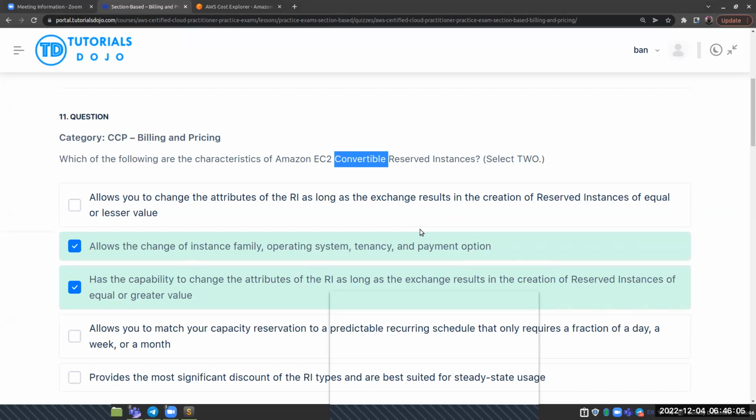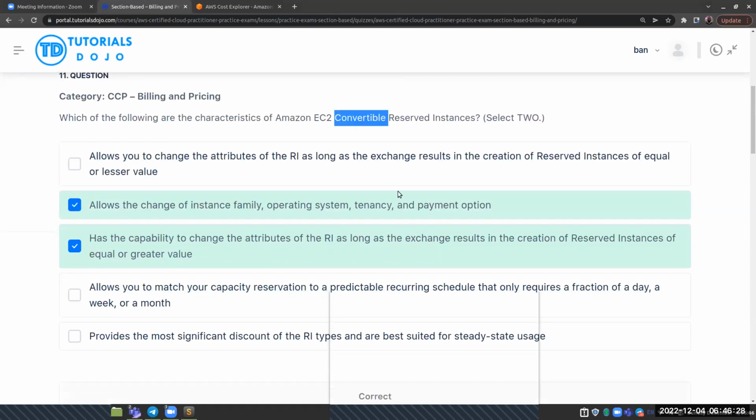You can convert from one instance family to another, from one operating system to another. So if you were using, let's say, a T3 micro, you could move to a T3 nano. If you are using a Linux operating system, you could move to a Windows operating system. Tenancy, if you are using the shared model, you could move to dedicated, and same for payment options. So you have the possibility to convert.